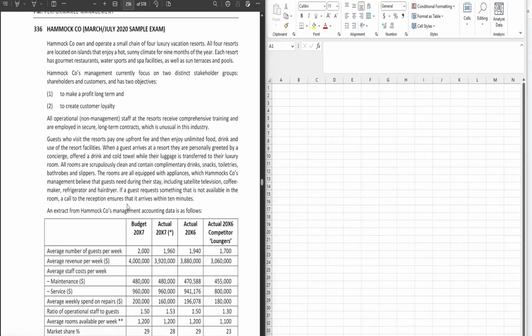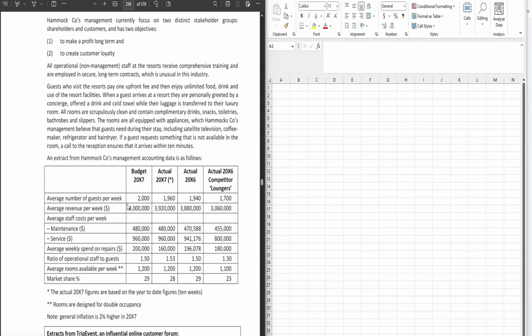In fact, they're also discussing the room, what it is like and what things it contains. And if any of the guests need anything extra which is not available in the room, they can get those within the 10 minutes. So they are all describing what happens after the guests arrive at the resort and what they will have when they go to their room.